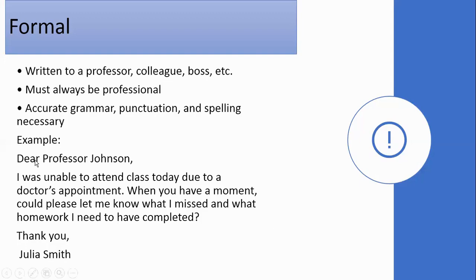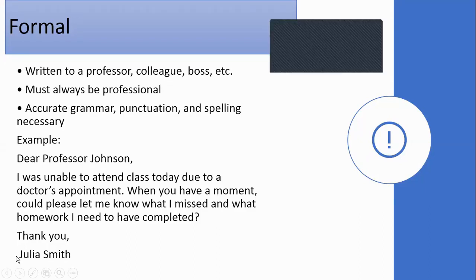Use Dear and the title of a person, and Johnson could be his last name, of course. Then use a comma. Then this is your opening, your greeting. Dear Professor Johnson. Then your body is here. Then the thanks down below.